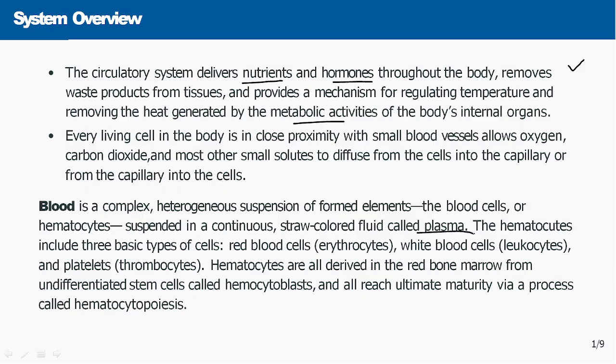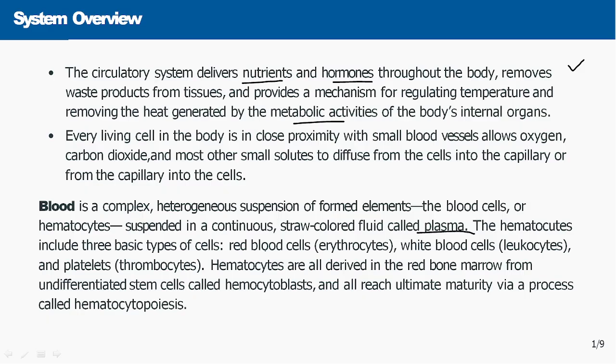So, what are the different types of cells present in your blood? They include red blood cells or erythrocytes, sometimes called RBCs. Similarly, white blood cells, leukocytes, and platelets, also known as thrombocytes.